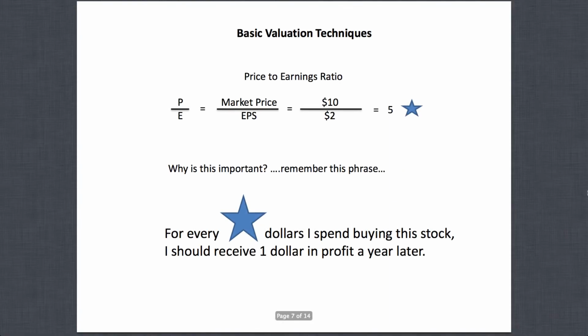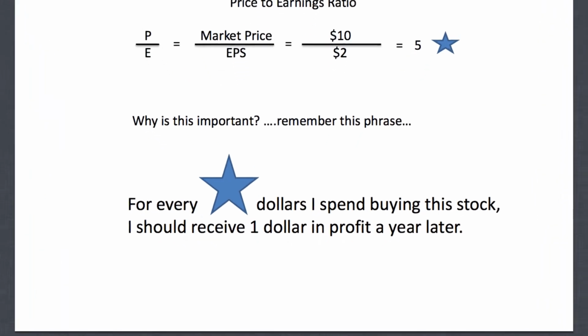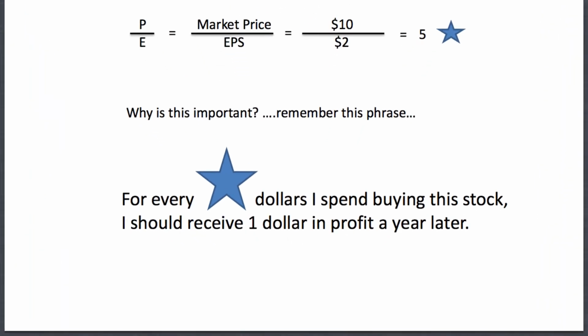So what does that 5 that we came up with mean? Your PE is 5, but why is that number important? The best way I can describe the PE ratio is to remember this phrase: for every, then the star represents the PE ratio. You'll put the PE ratio in where the star is.